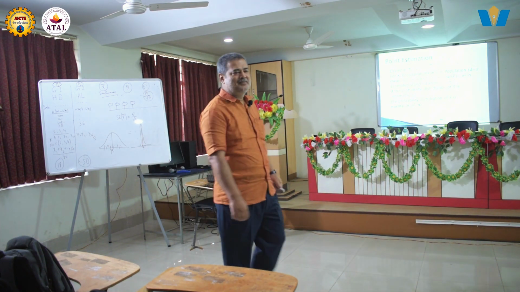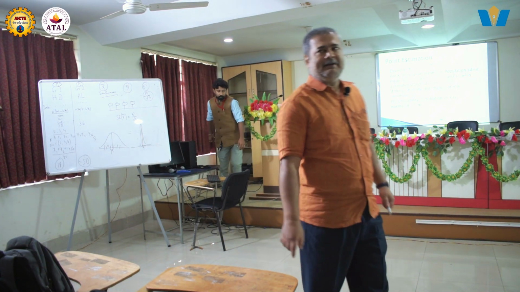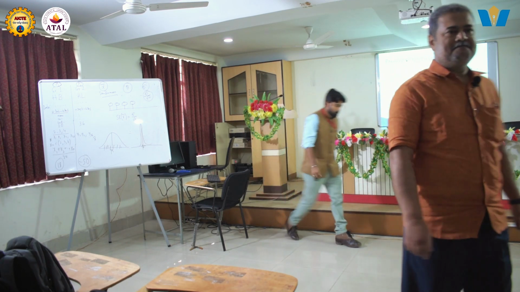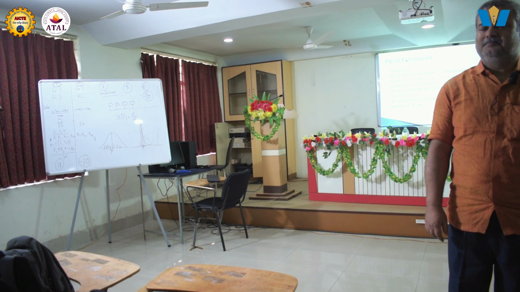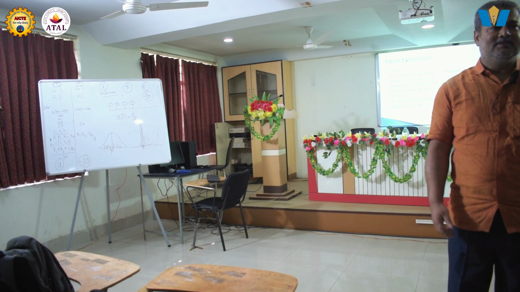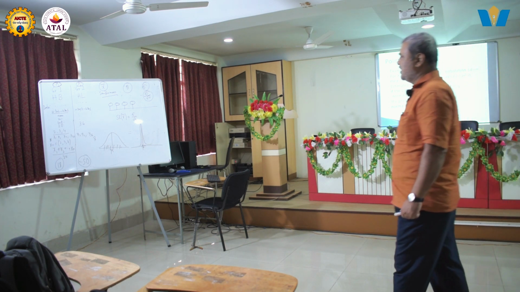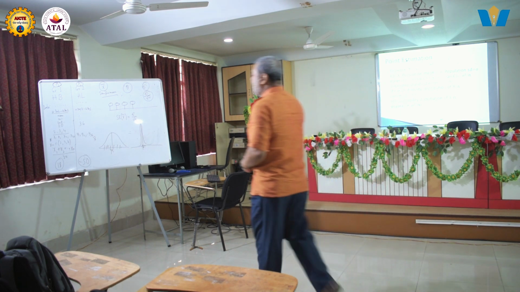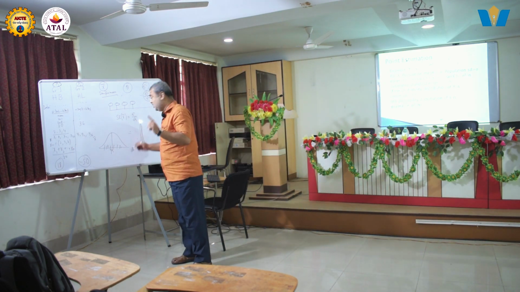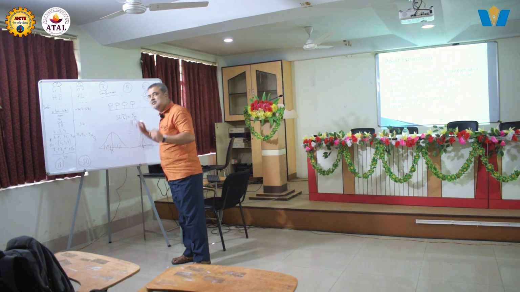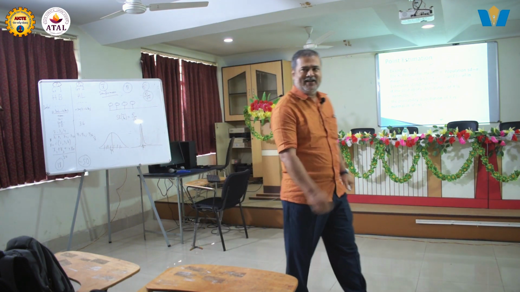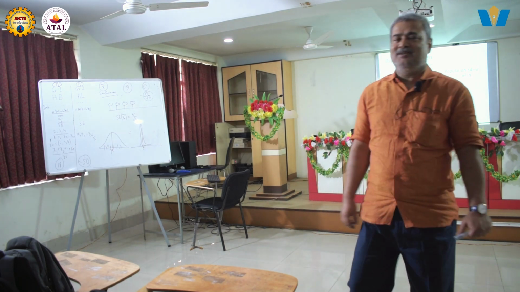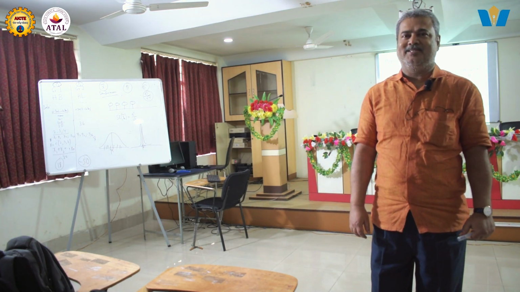What is the meaning of sigma by root n? The standard error of x bar based on a sample of size n is sigma by root n. What is the meaning of this?